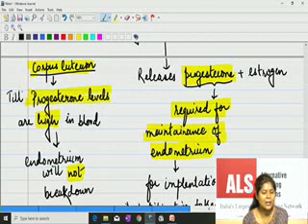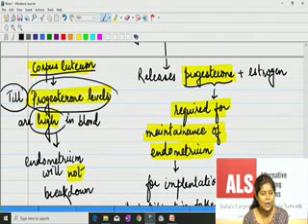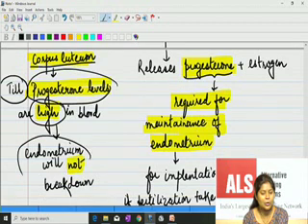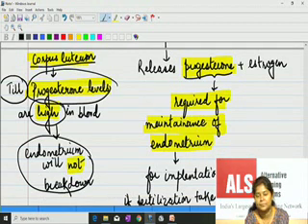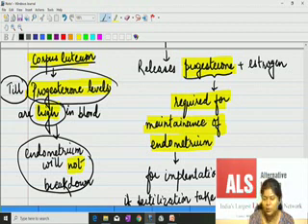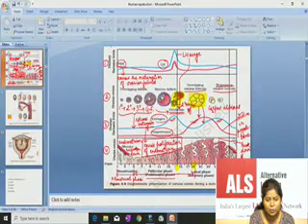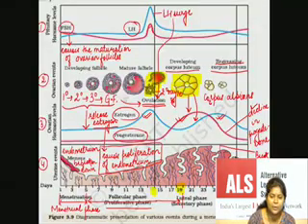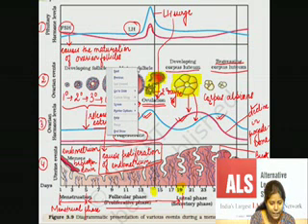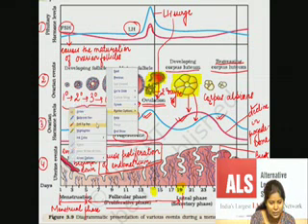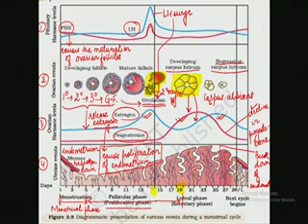Keep it up. So, till the progesterone levels are high in the blood, what is going to happen? The endometrium will not break down. That means, if the progesterone levels undergo any kind of changes or fluctuations, you can see over here. If the progesterone levels start to show any kind of decrease, you can see over here in the last phase.